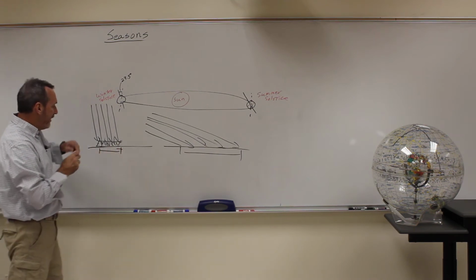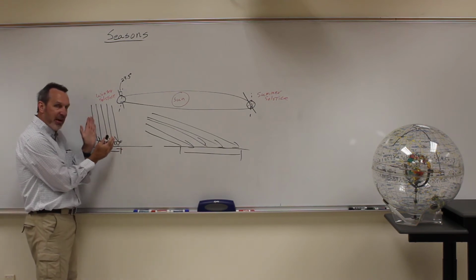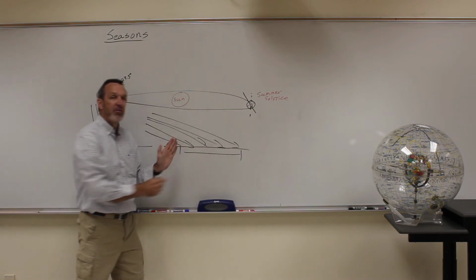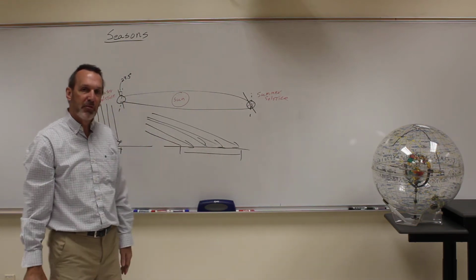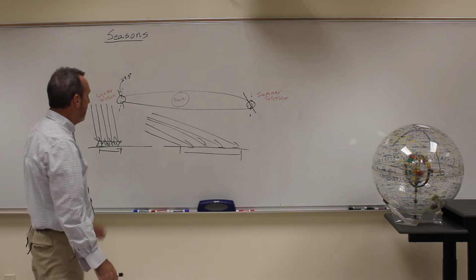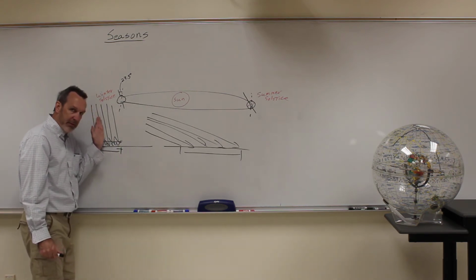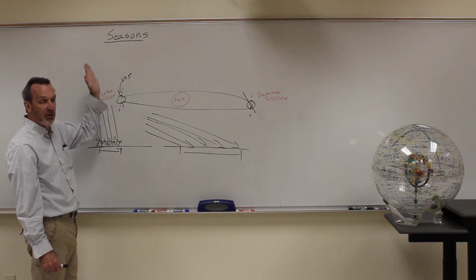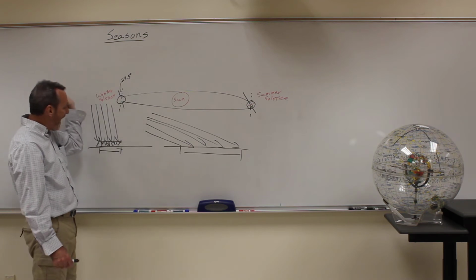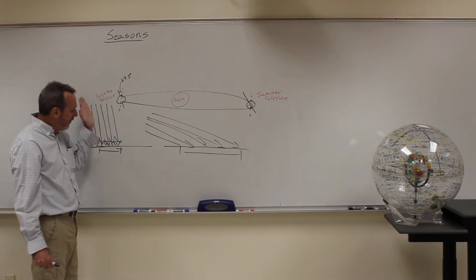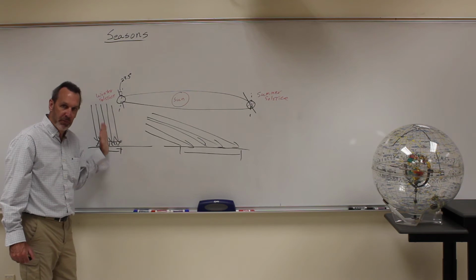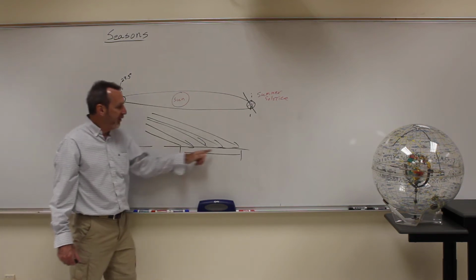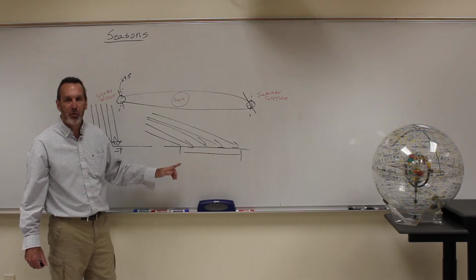So the amount of area getting heated by the sun is much, much bigger, and so the earth does not absorb as much energy. So what we say is this gets more direct light, meaning the sun is closer to being perpendicular. The higher it is in the sky, the more energy is absorbed from the sun. When the sun is low in the sky, the earth doesn't absorb much energy.